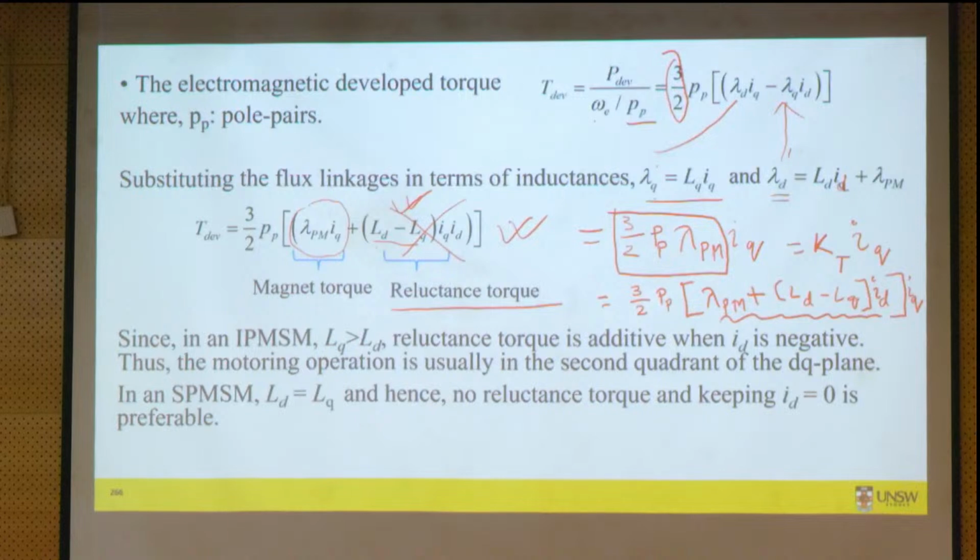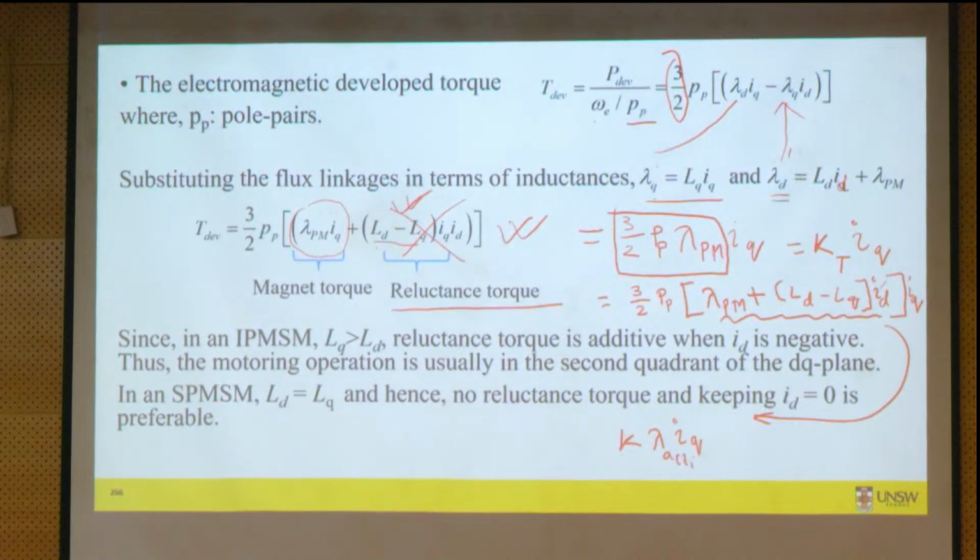Okay, this is like a flux, but in an IPM machine this flux may not be a constant, because by changing the ID current, we can vary this flux. So this equation we can think of as a variable flux times IQ.